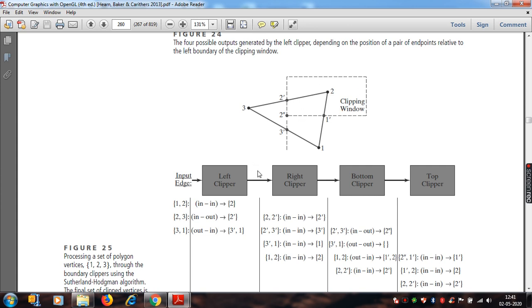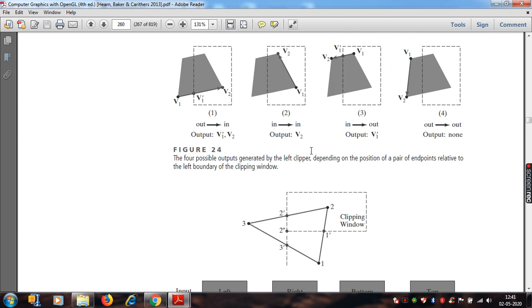So how are we doing this here? Consider the left clipper first. For the left clipper, I am going to send the first edge, from 1 to 2. Remember carefully, just these 4 steps we have to apply. That's it, 4 steps you have to remember and apply properly.